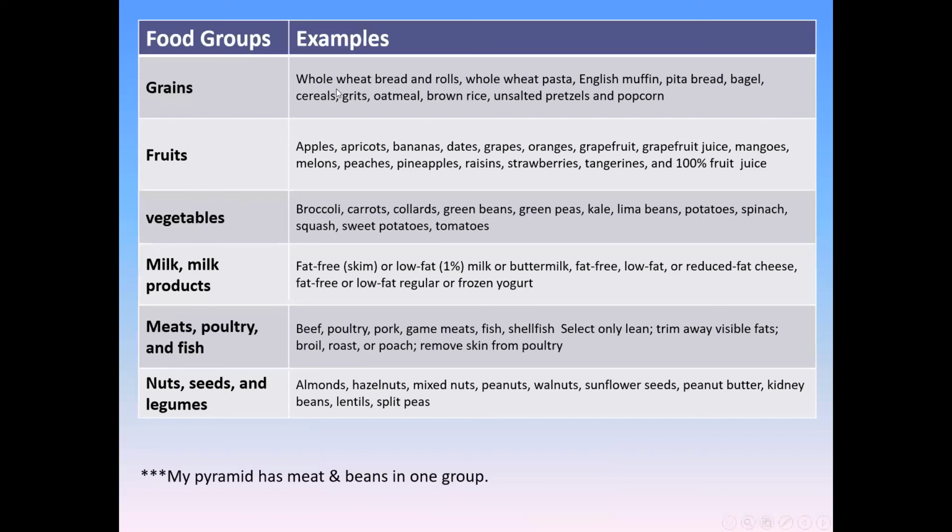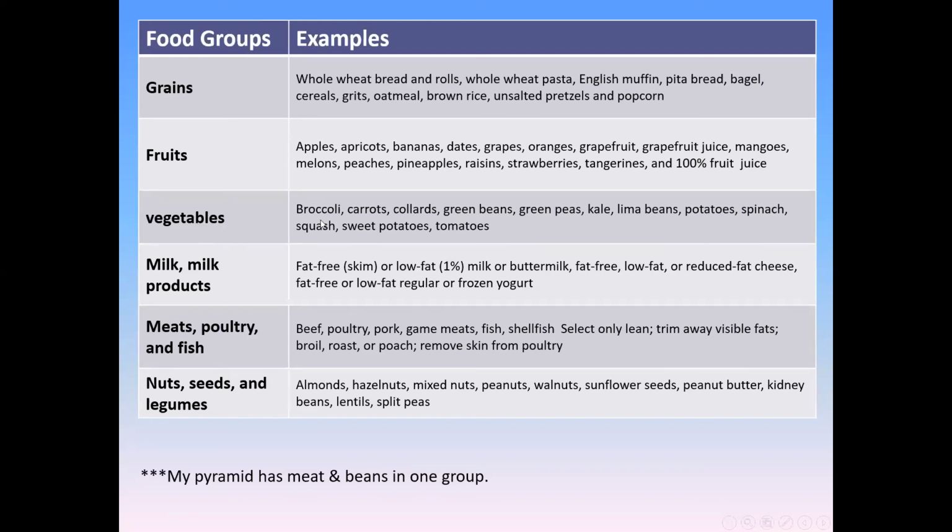The grains, of course, contain all the wheat, like bread and pasta and rice and bagels and cereals, oatmeal and popcorn. So these belong to the grains family. Now the fruits, of course, all the fruits, including the fruit juice, and also the frozen fruits or canned fruits.